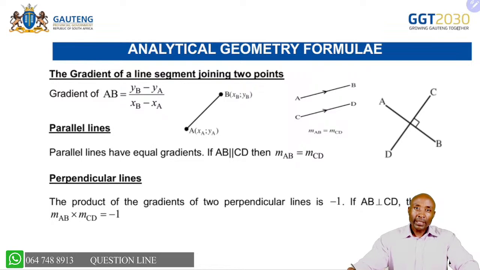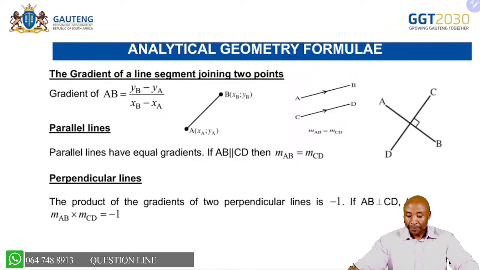are lines that intersect at right angles. So the angle of intersection there is 90 degrees. And also we use gradients. If AB is perpendicular to CD, then it follows that the gradient of AB multiplied by the gradient of CD, the product, must give us -1.